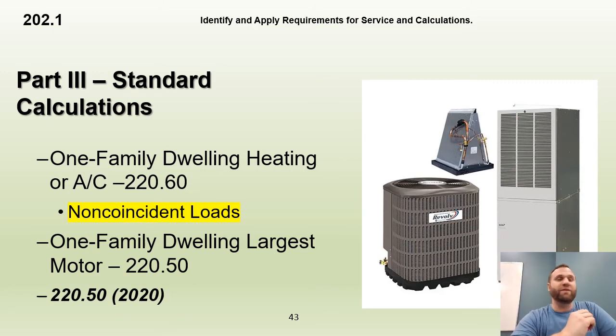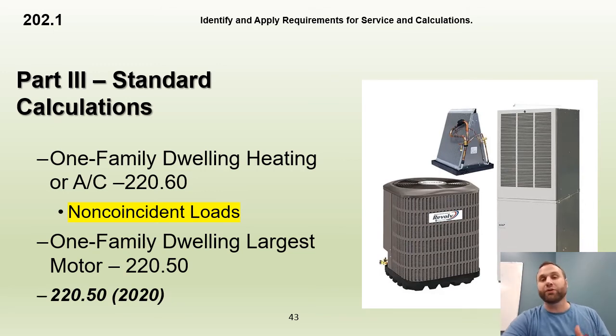So if we've omitted the air conditioner, even after we check to see if it's the largest motor, then I go on to my next largest motor, whether it be a pump or a fan, whatever it may be, and I increase that motor by 25%.